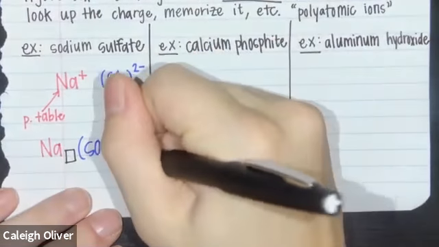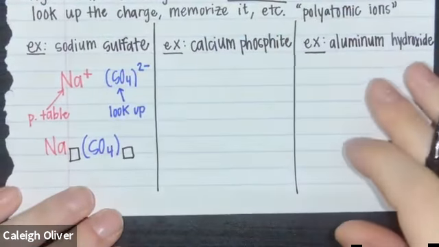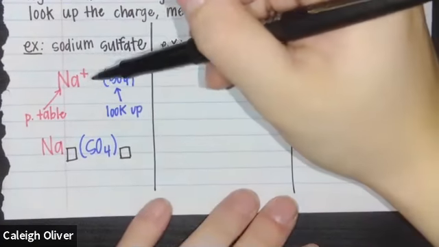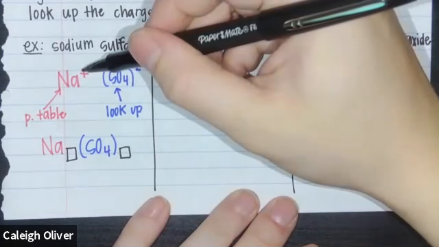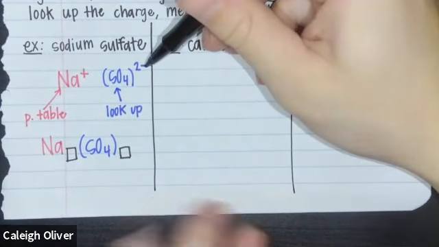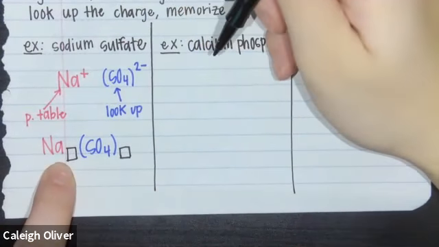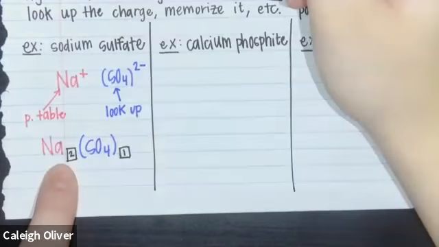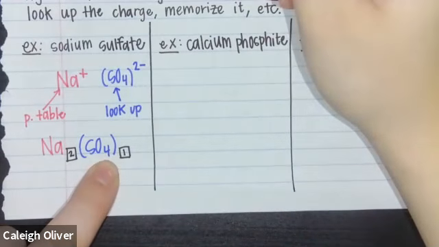Sulfate with a little box for how many of them we're going to need. The sodium is 1 positive, the sulfate is 2 negative. So how many sodiums do I need to negate 1 of those? 2. 2 sodiums to negate 1 of the sulfates.